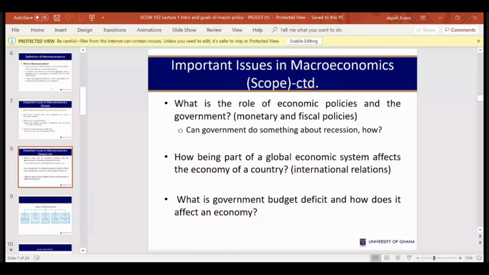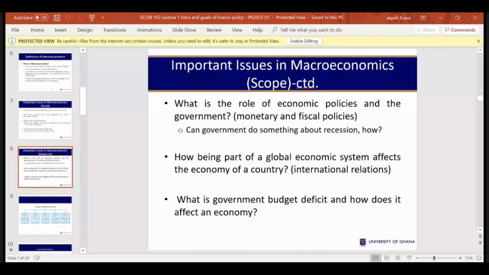Addressing these issues falls under the scope of macroeconomics. Can the government do something about recession when things are not going well? Are there certain policies government can put in place to reverse it so that we expand production? And how can that be done? All these issues fall under macroeconomics.